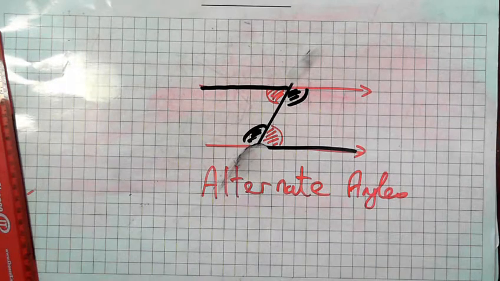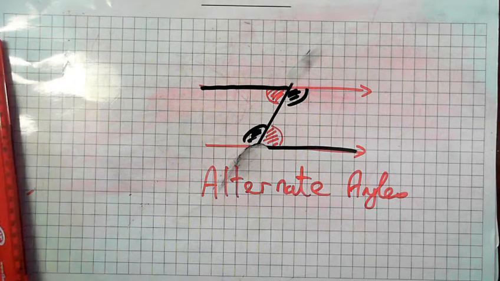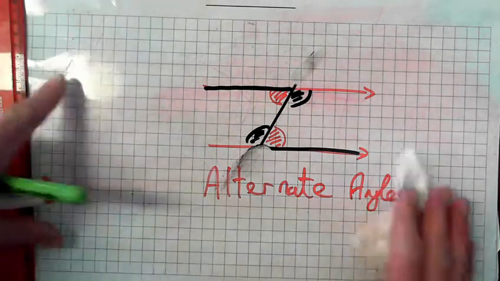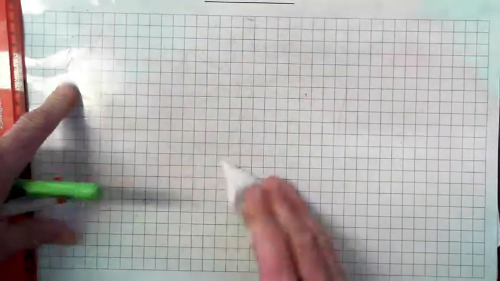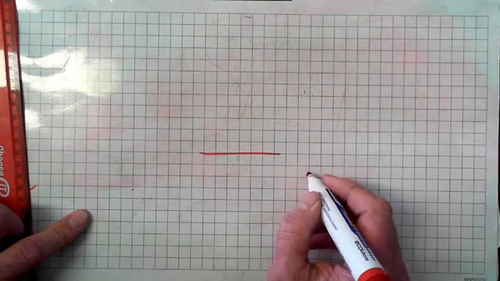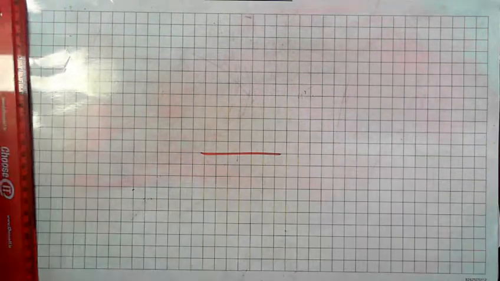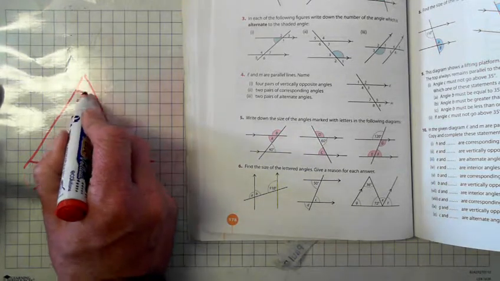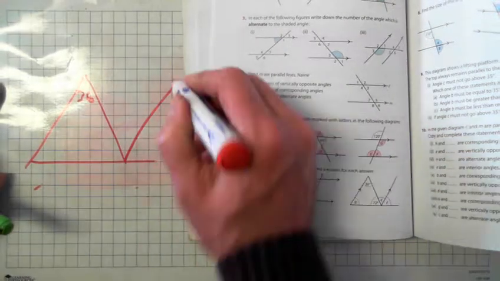Right, so maybe we'll look at page 178. There's a good question. We've covered it before, but there's a triangle, page 178, questions. This one here, this question here. So we have an angle up here which is 36.